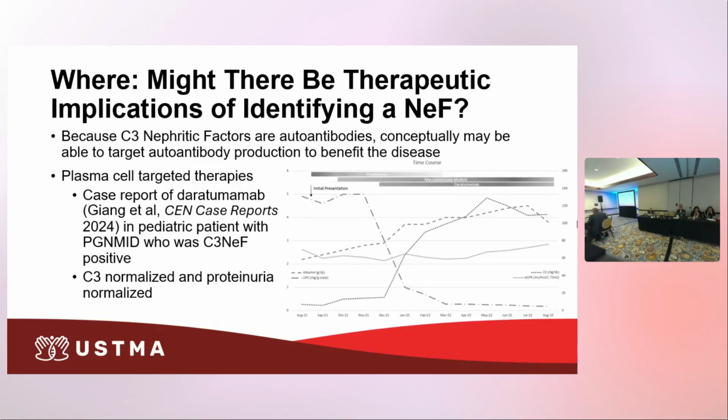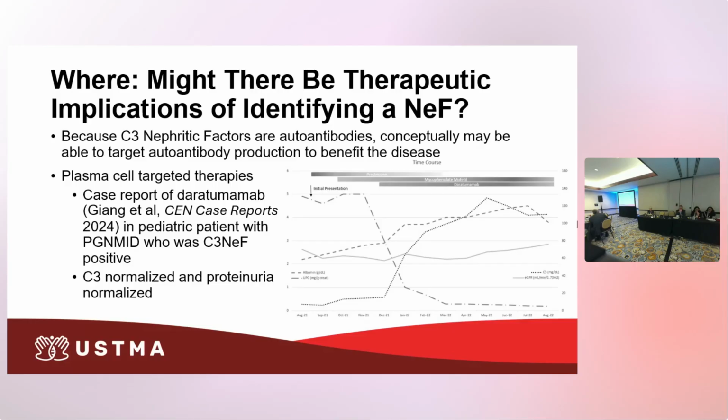And then a newer agent to target plasma cells, daratumumab. There are a few case reports of daratumumab use. This is largely in a perhaps distinct disease, proliferative glomerulonephritis with monoclonal immune deposits, or PGN-MID. In this particular case report, the patient with that disease, arguably different than C3G, was C3NF positive.